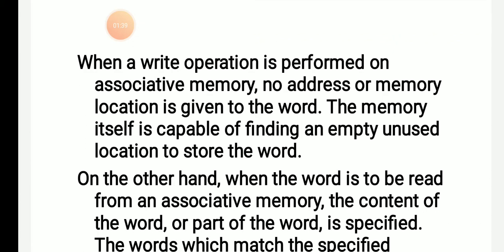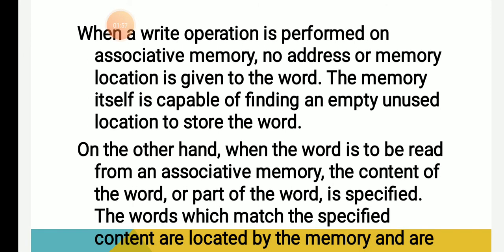When a write operation is performed on associative memory, no address or memory location is given to the word. The memory itself is capable of finding an empty, unused location to store the word.